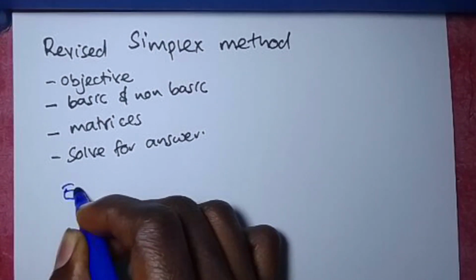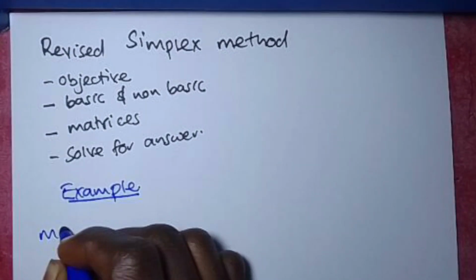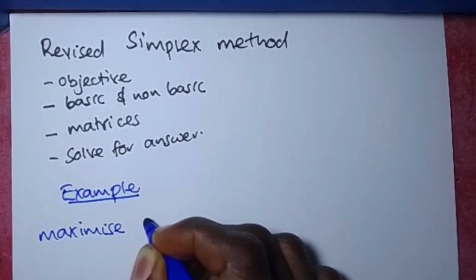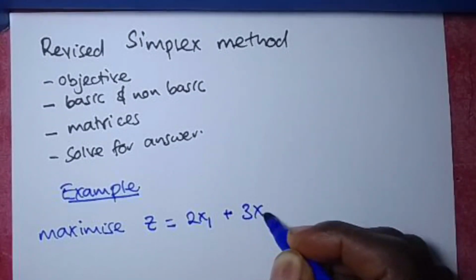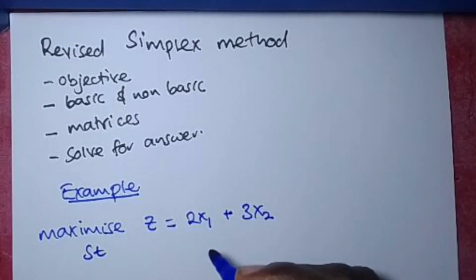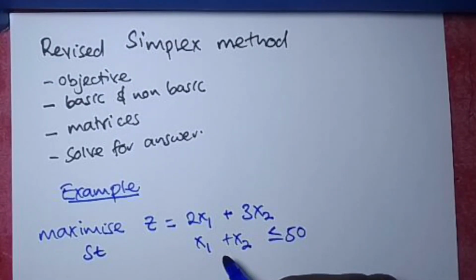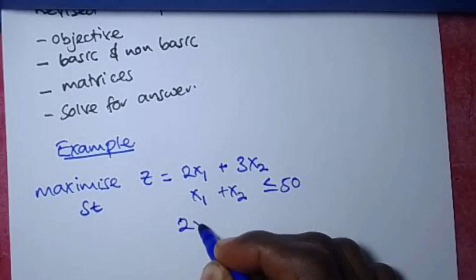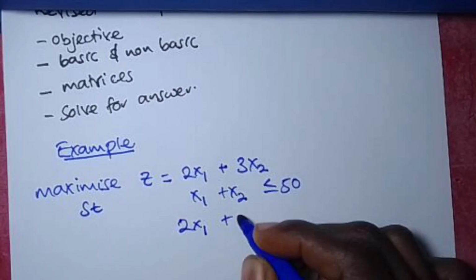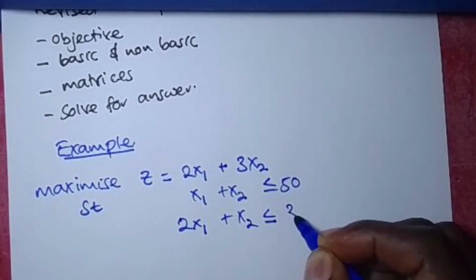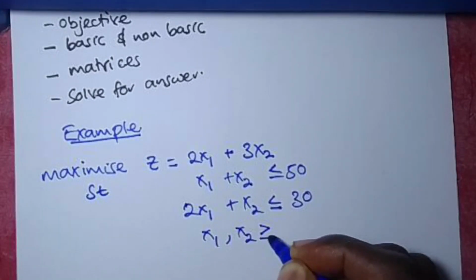So here I have an example. The example says maximize z equals 2x1 plus 3x2, subject to x1 plus x2 less than or equal to 50, and 2x1 plus x2 less than or equal to 30, provided that x1 and x2 are greater than or equal to 0.